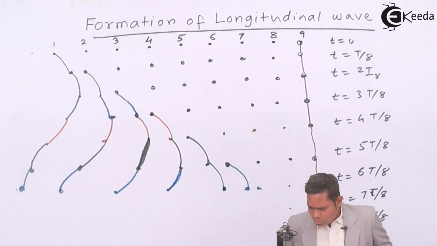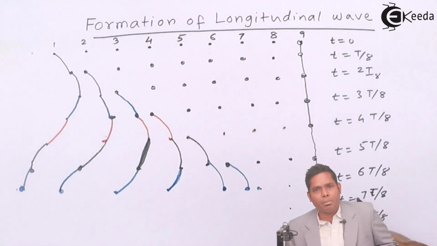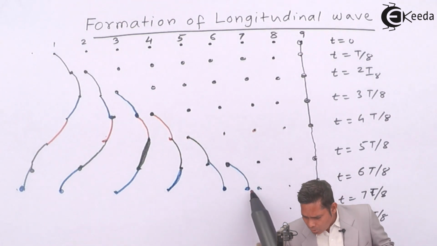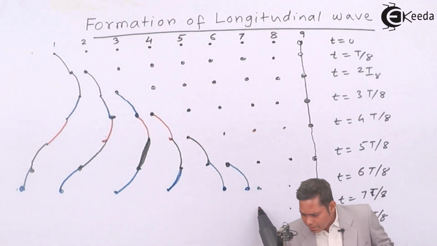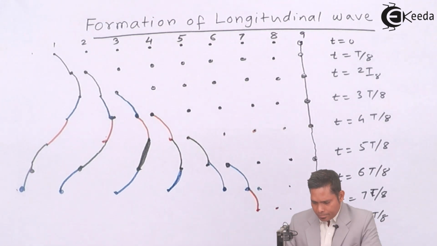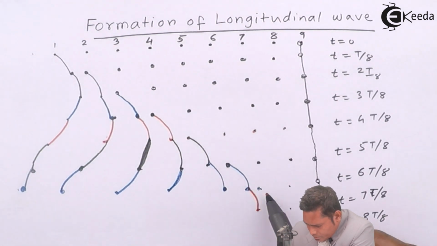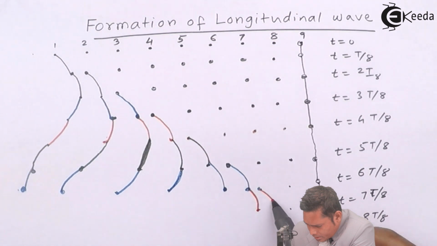When this particle goes to another T by 8 time, this will go to its maximum position somewhere here. This will come to the maximum position somewhere here. This will go to the mid position somewhere here.